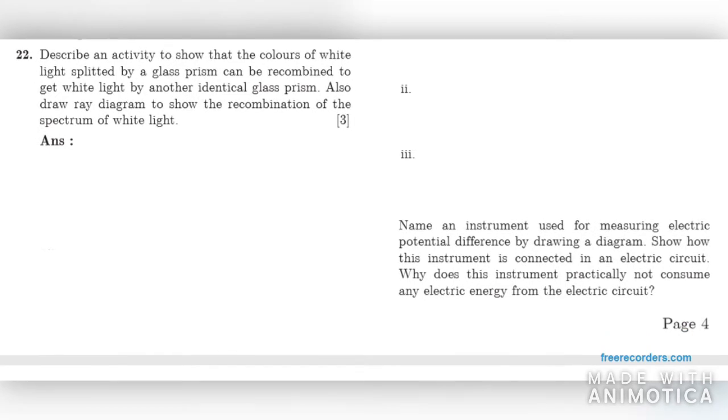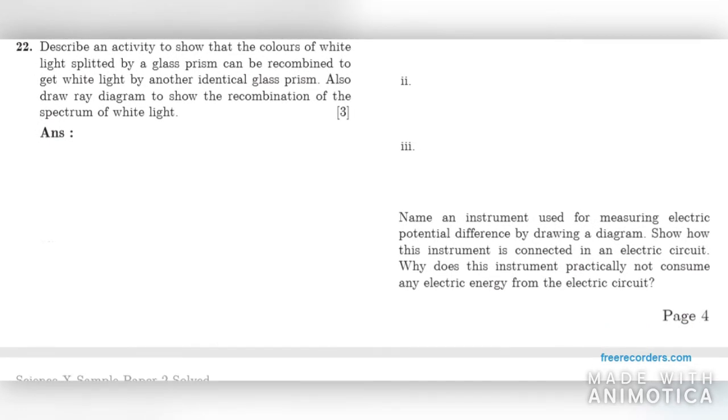Now question number 22. It says: describe an activity to show that the colors of white light split by a glass prism can be recombined to get white light by another identical glass prism. Also draw a ray diagram to show the recombination of the spectrum of light. First of all, you need to describe the activity which was given by Isaac Newton.